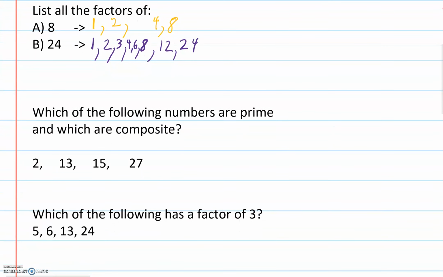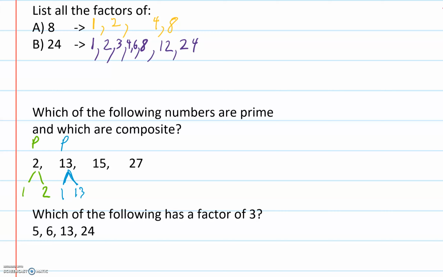Alright, perfect. Which of the following numbers are prime numbers and which are composite? So we've got 4 numbers here, and basically I'm just asking, are they prime or composite? Are there 2 factors or are there more? So basically you're just going to split it up into as many smaller versions of themselves as you can. This is only 1 and 2. Must be a prime. Okay? This one here is just 1 and 13.